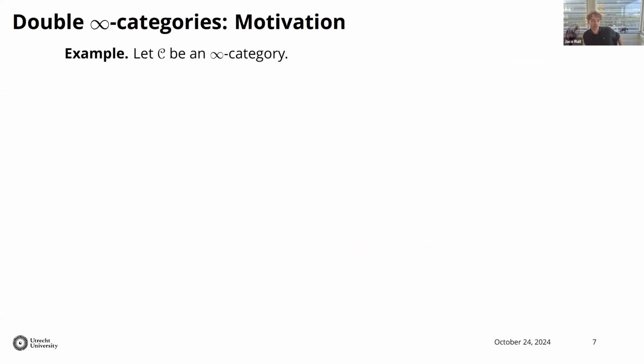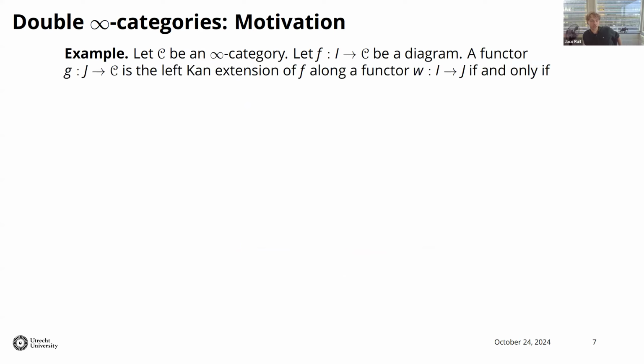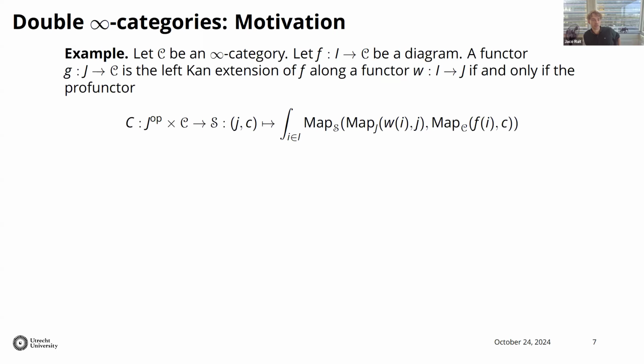If you take C to be an infinity category and F to be some functor from I to C, where I is again an infinity category, then you can look at left Kan extensions of F. So let's say G from J to C is a left Kan extension of F along a functor W from I to J. Well, let's say G is just a functor for now, and then it's the left Kan extension if and only if when you look at the following profunctor, which has a horrible description, I guess. It takes some seconds to parse.